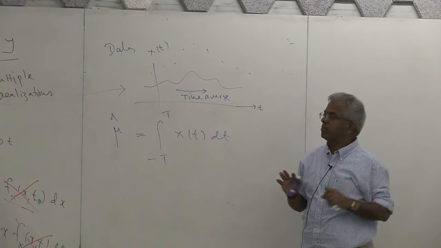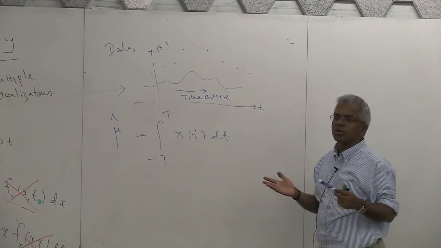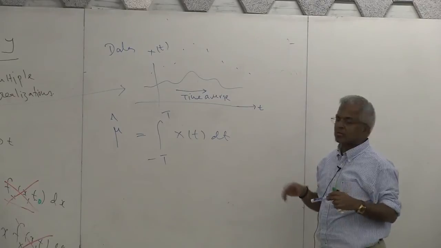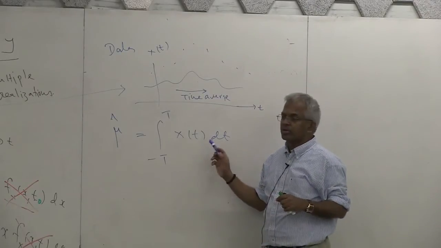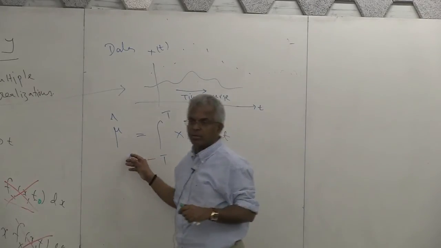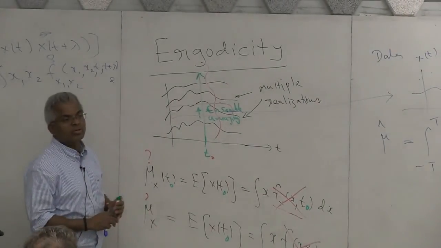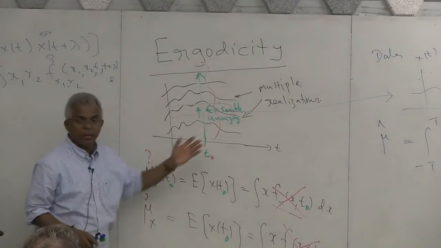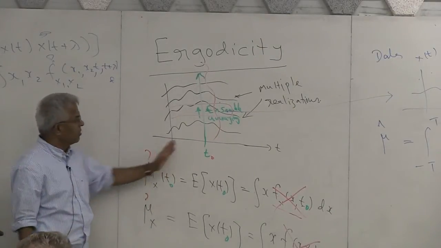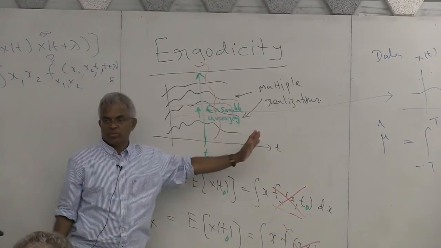So when will it make sense? Look at this. Whenever you do the time average, you are going to get a number. Here, the mean value depends on t0. So if the mean value is a function of time, the comparison doesn't make any sense because the mean value will depend on which time you are measuring.